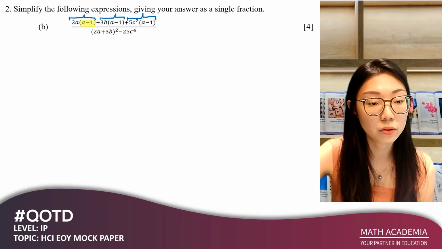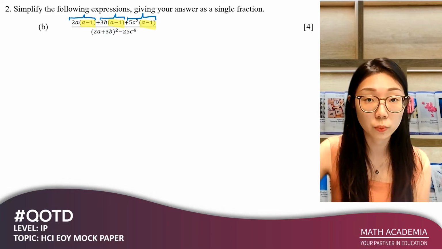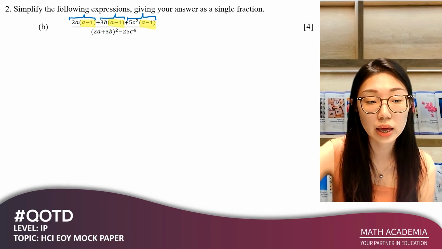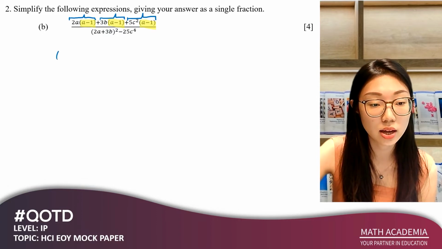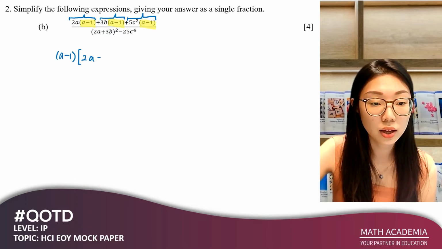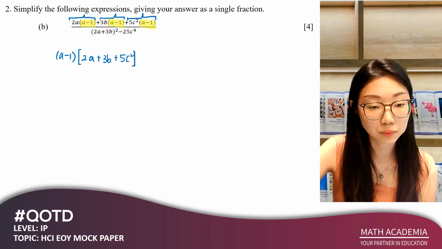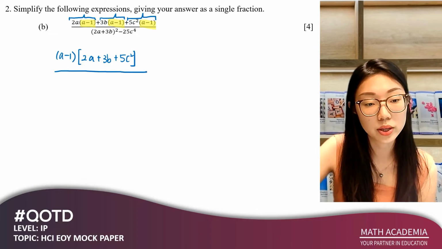I have a common factor, a minus 1. So remember your factorization by grouping. Are you able to group a minus 1 together? Okay, so I can bring out my common factor a minus 1. Okay, what would I be left with? I will be left with 2a plus 3b plus 5c squared. Okay, this would be my numerator.